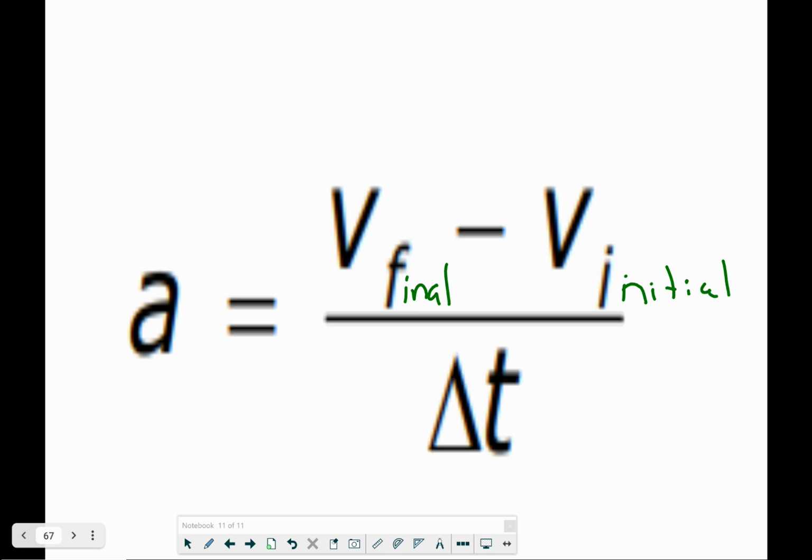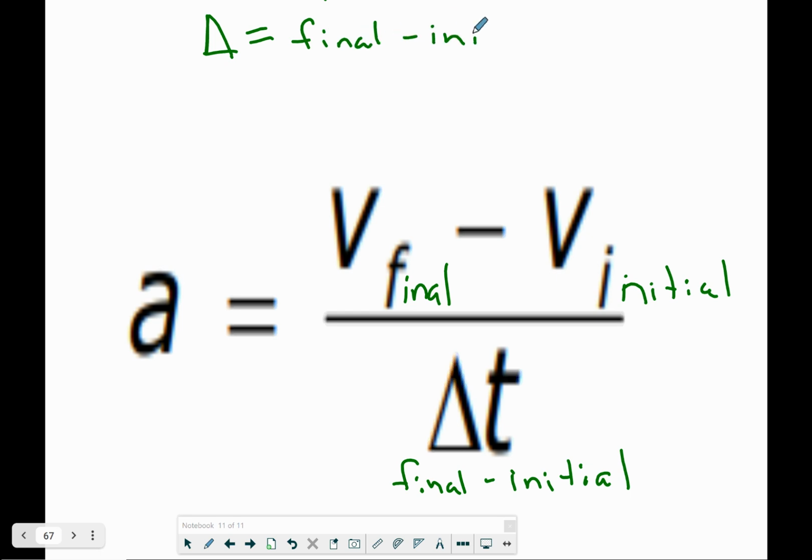Delta means final minus initial. Now, the great state of North Carolina is actually giving you a hint here. It is reminding you that a subscript F and a subscript I equals delta. So delta equals final minus initial.